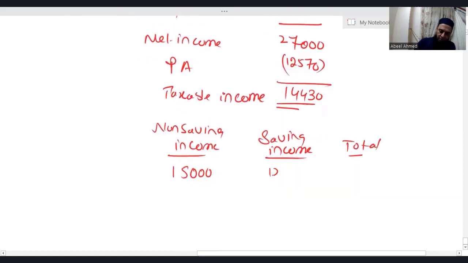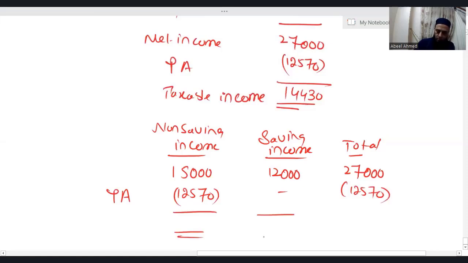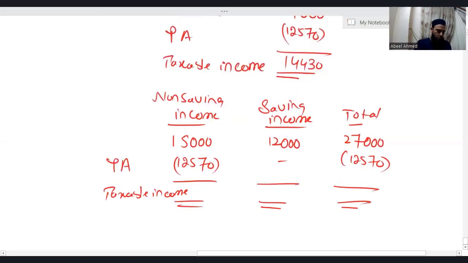Saving income is 12,000. Personal allowance, we have to deduct 12,570. $14,430.